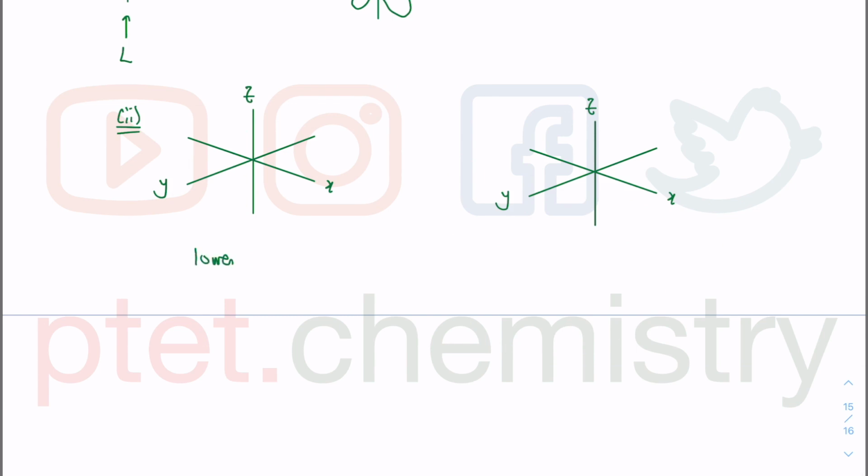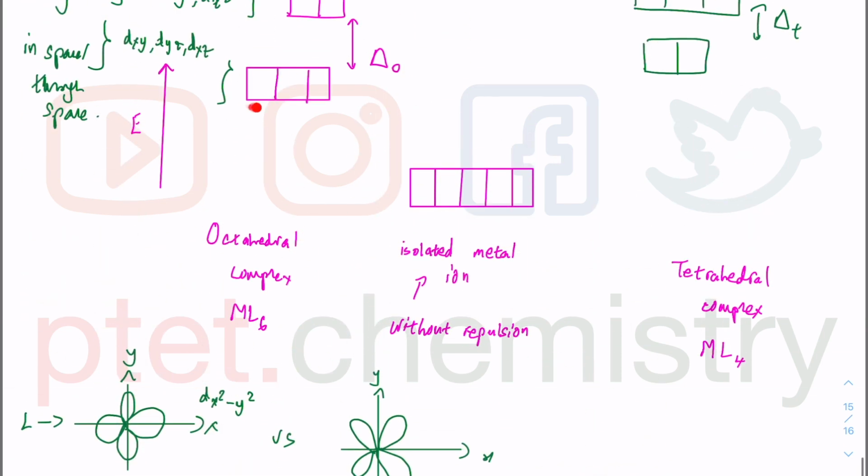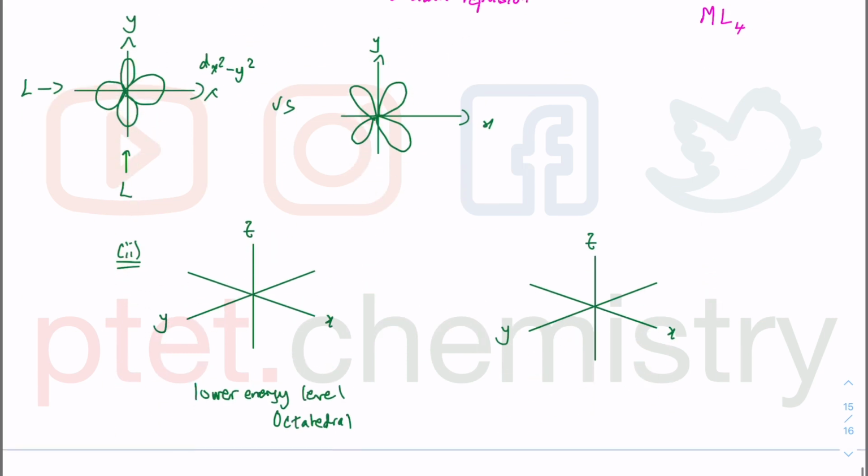Lower energy level, and they also specify octahedral. So this is among the three sets here, the dxy, dyz, or dxz. We're going to draw it in between the space. So this is actually dxy because it cuts in between the space x and y. They are not asking for the label, but let me just get this straight.